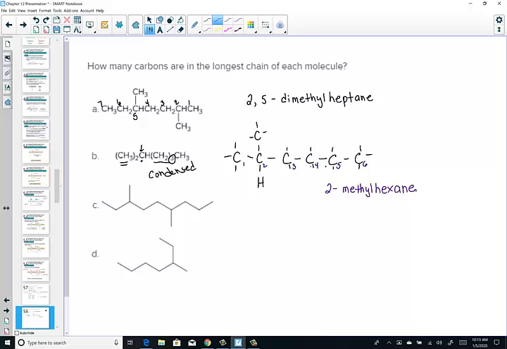Letter C, 1, 2, 3, 4, 5, 6, 7, 8, 9 in the longest branch. So I know that it will be nonane. Non is the prefix for 9. Now, did I number correctly? If I went this other direction, the first branch occurs at carbon 4.